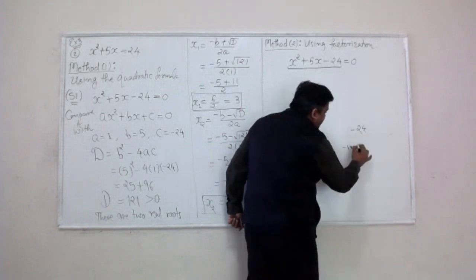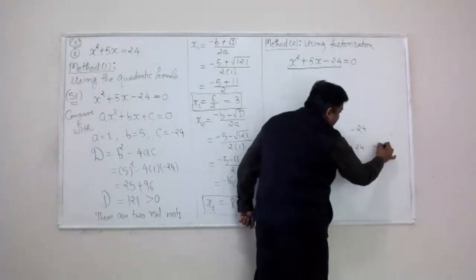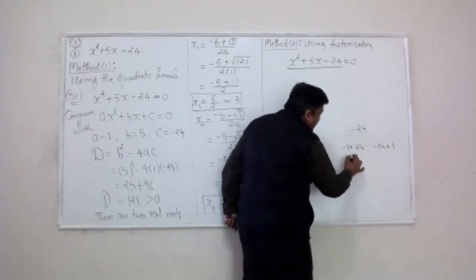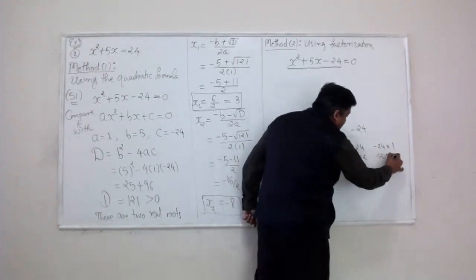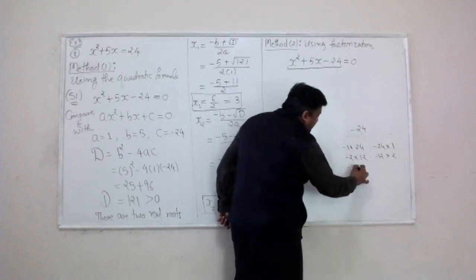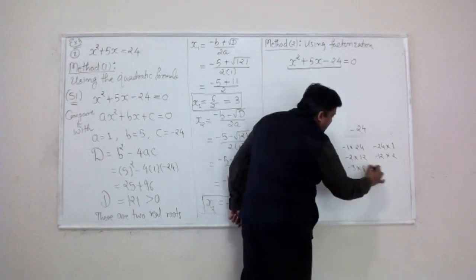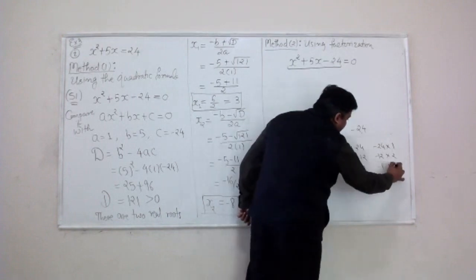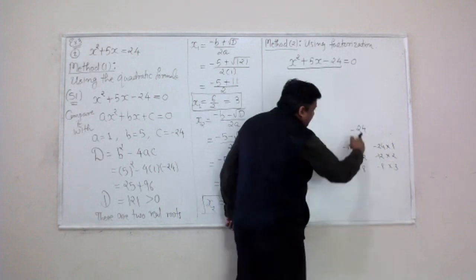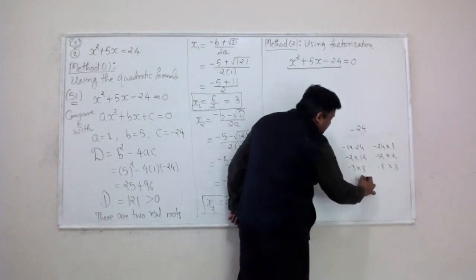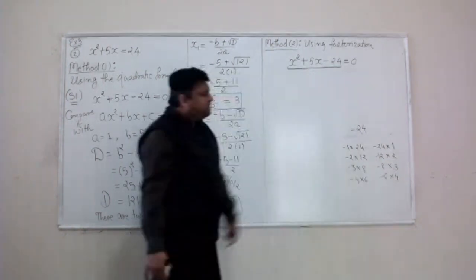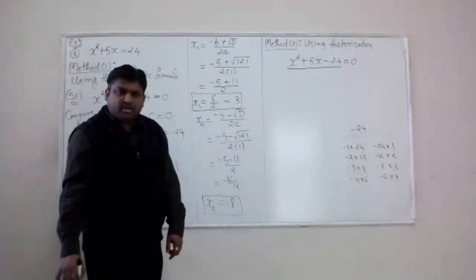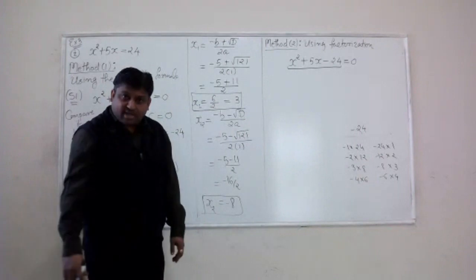Negative 24, negative 1 times 24 or negative 24 times 1, negative 2 times 12 or negative 12 times 2, negative 3 times 8 or negative 8 times 3, negative 4 times 6 or negative 6 times 4. These are all possible factors. Does any of them add up to 5?